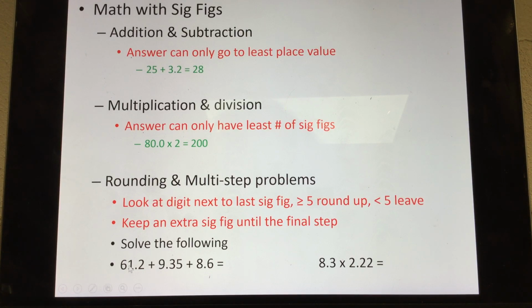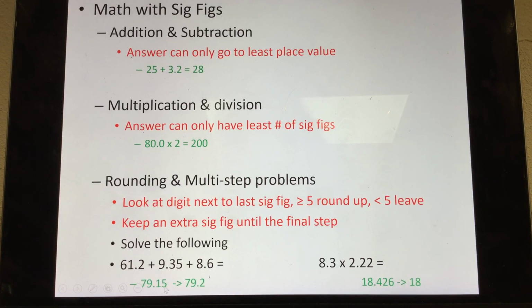Okay, so again, with this first one, we're adding. And so again, addition goes by place value. So since both the 61.2 and the 8.6 stop in the tenths place value, our answer can only go to the tenths. Even though this one goes to the hundredths, our answer can only go to the tenths.